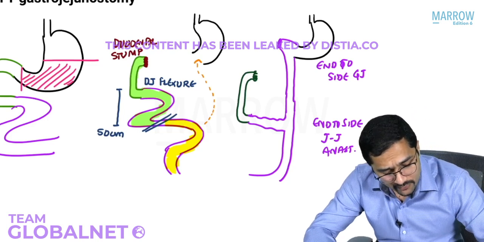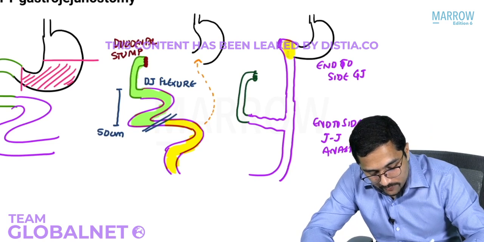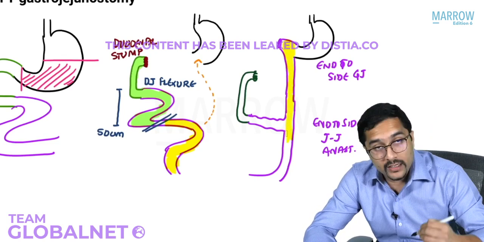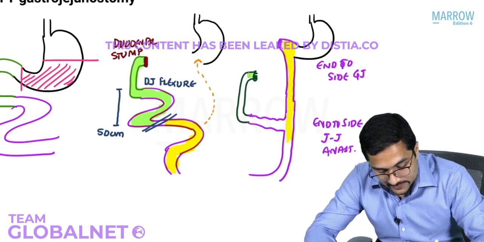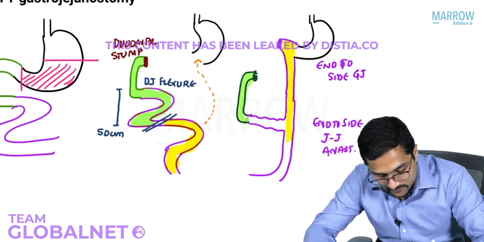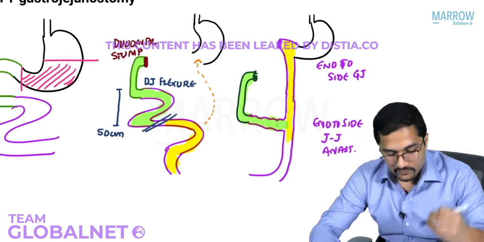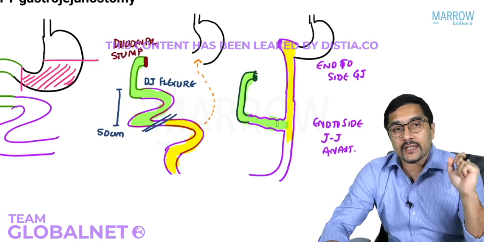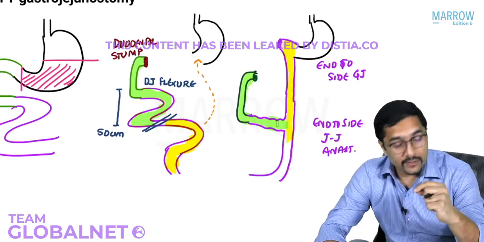This is the yellow jejunal limb which I had lifted up, and this is the green limb which was attached to the duodenum, with the 50 centimeters of jejunum which I've joined back.